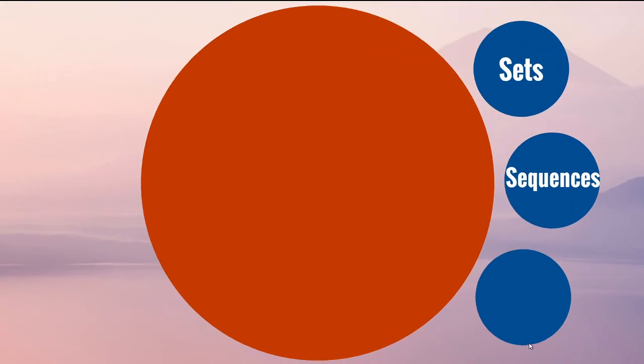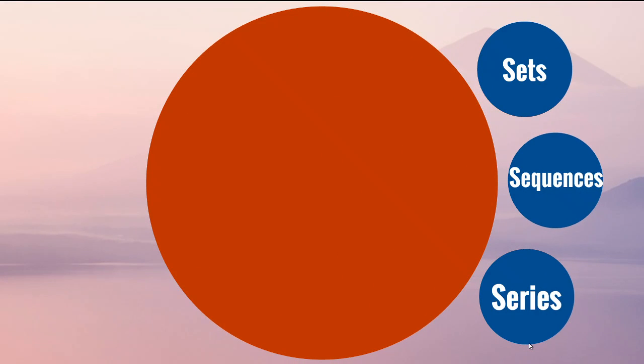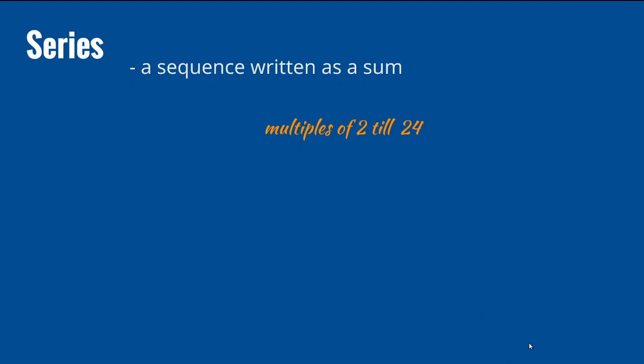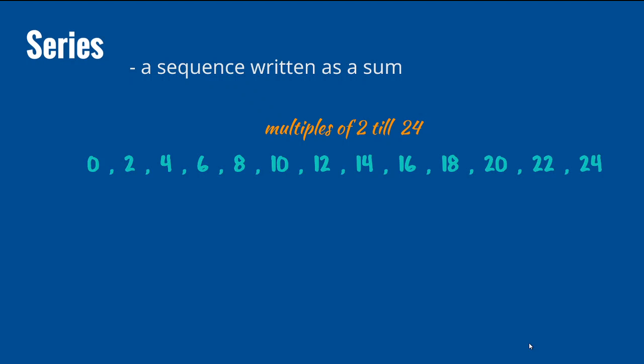Now, what is a series? A series is a sequence written as a sum. Let me tell you what that is. For example, multiples of 2 till 24. We saw that this was a sequence in ascending order. If I take the commas off and put the plus sign in between, I am writing all the numbers as a sum.